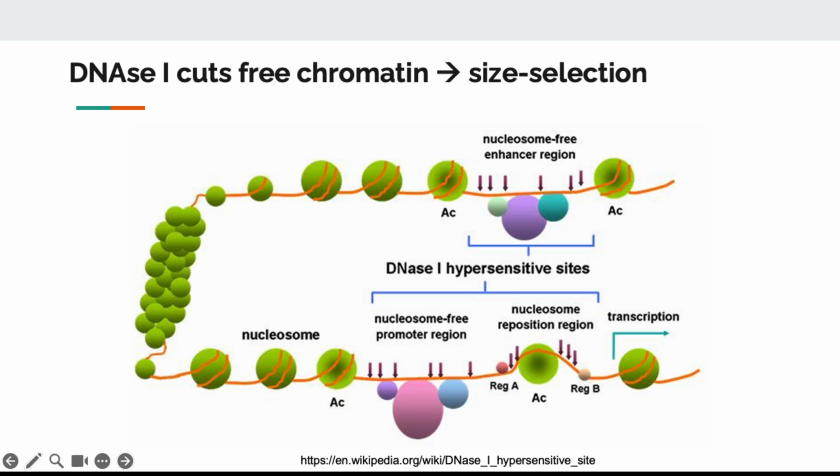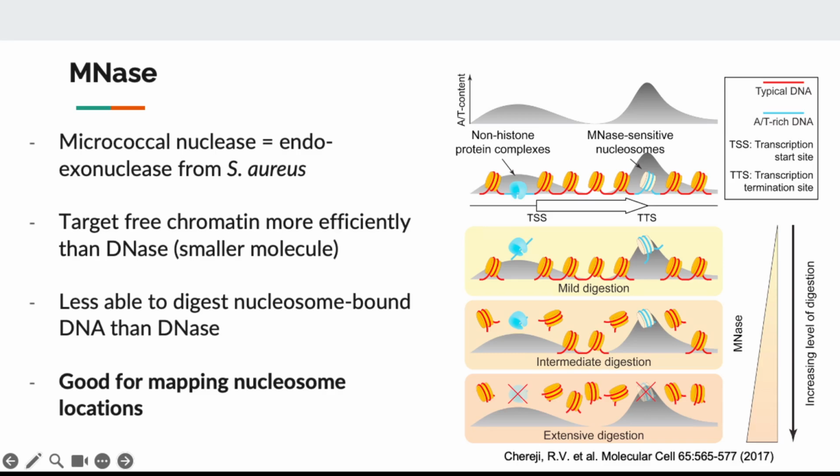But the enzyme is large, so DNase cannot access this small region. It cannot cut DNA in between nucleosomes. So you will get DNA product from the open chromatin. But MNase is another enzyme, found in bacteria, Staphylococcus aureus.